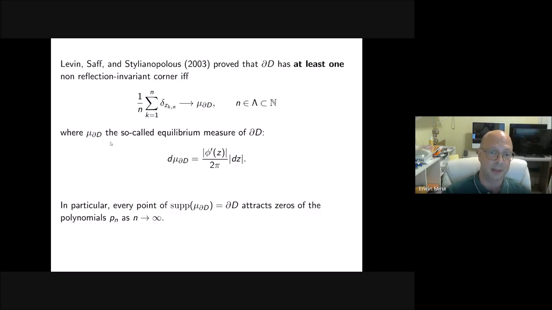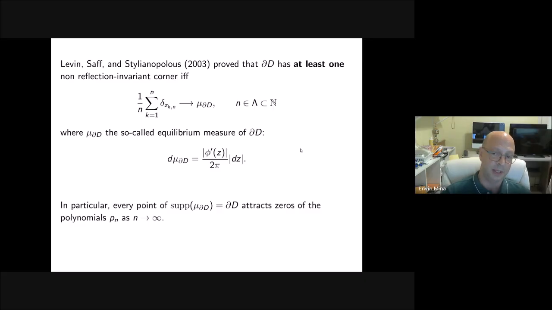Now, what is this equilibrium measure? Well, this comes from potential theory, but at least in this situation, you can define it through the derivative of that exterior conformal map. So it's an absolutely continuous measure with respect to the arc length measure on the curve, and the derivative is just the absolute value of phi prime.